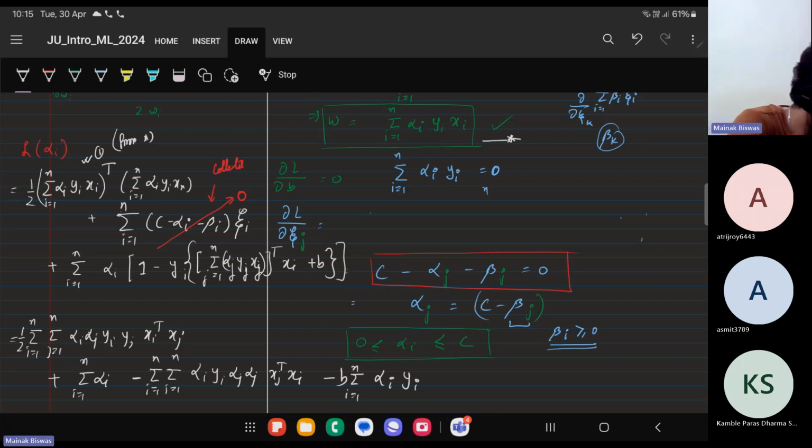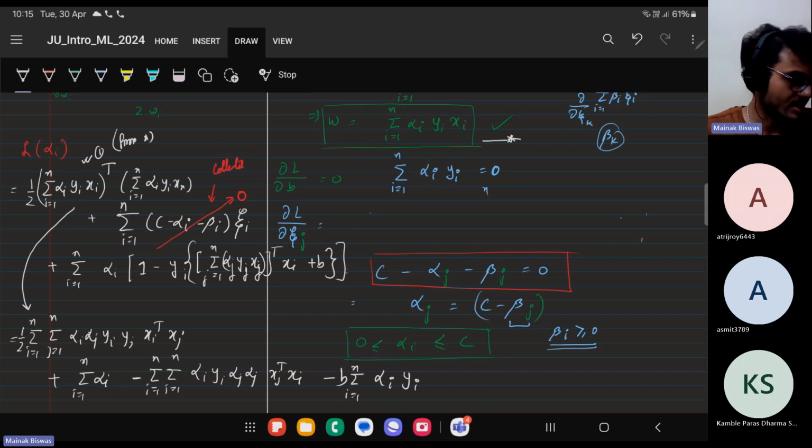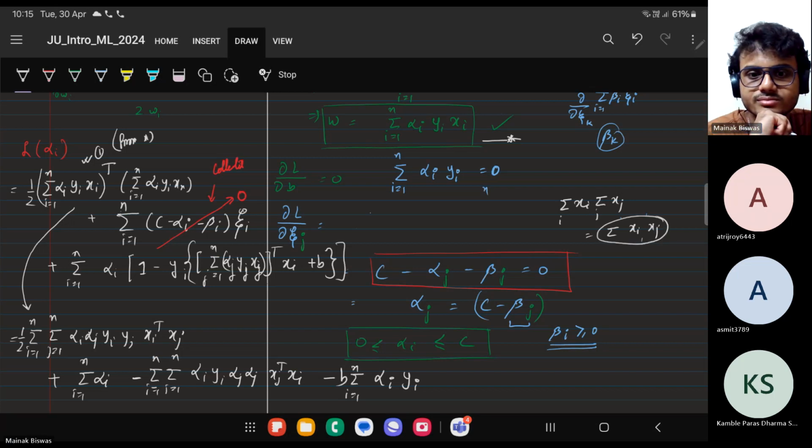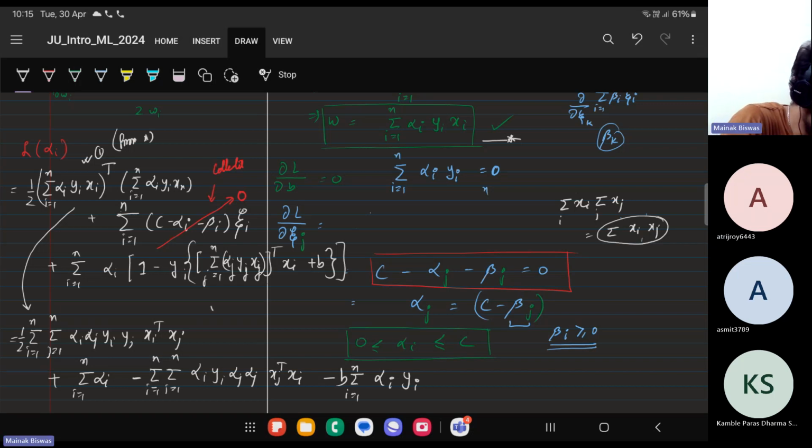So this one I'm writing as this. I can write, right? Yes, that should be a yi transpose. No? The yi's are scalar. The yi's are the labels, minus 1 and 1. Don't forget, they are the labels.